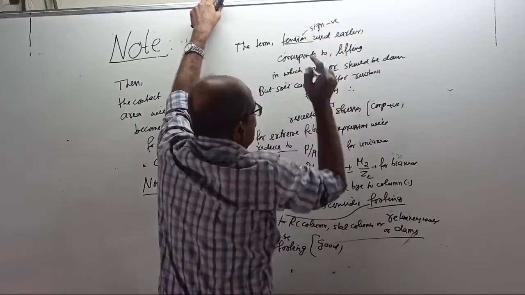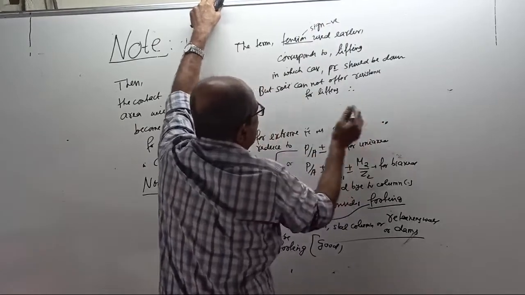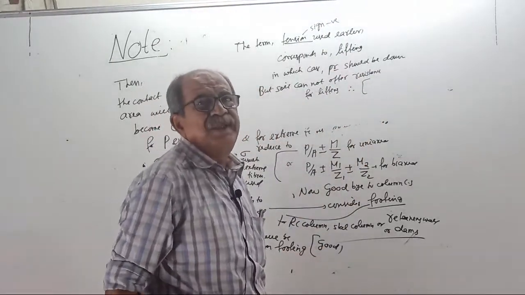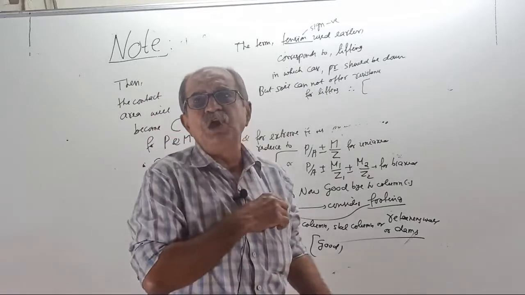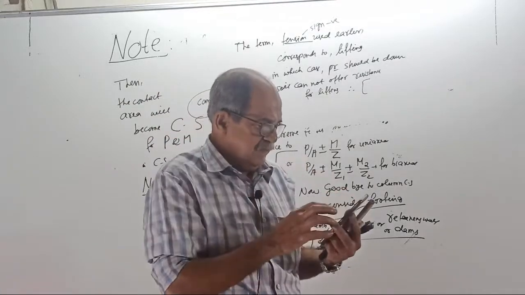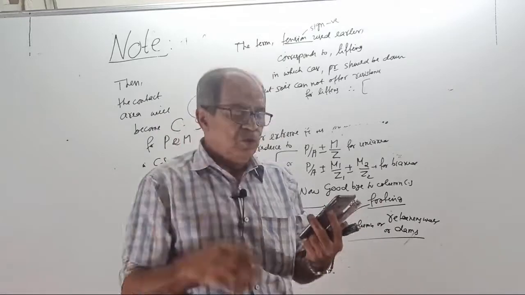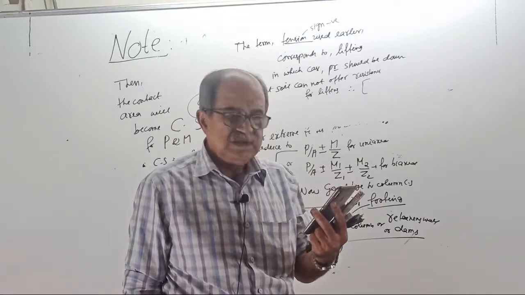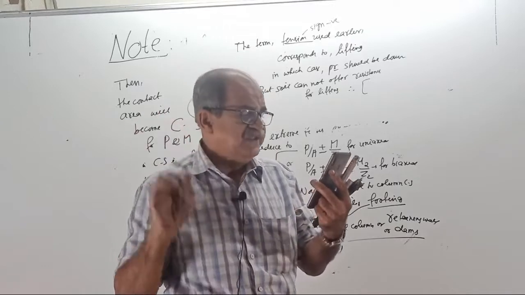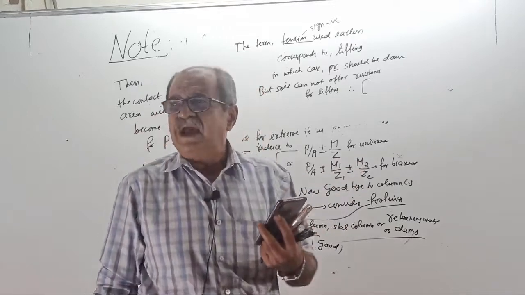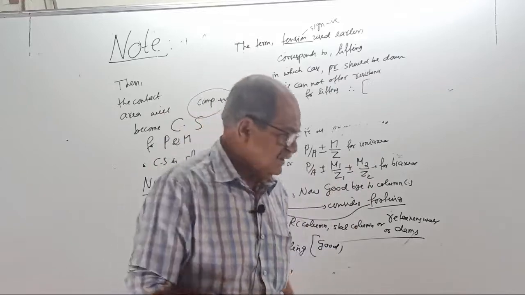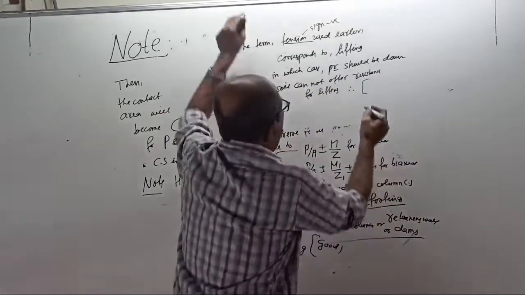Now, lifting: suppose an edge gets lifted, from a stability point of view, good or bad? I am taking the class in simple language so that people understand correctly, and I can go to any technical level later. It is bad.